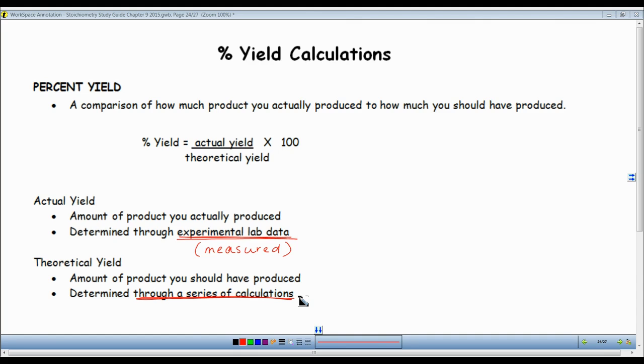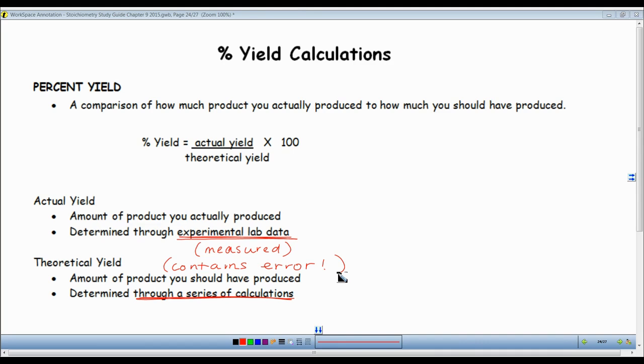The actual yield that comes from measured lab data contains error. The error is often in your actual yield. Sometimes people turn in a lab report and in their conclusion they'll say, well, I don't think we did the calculations correctly.